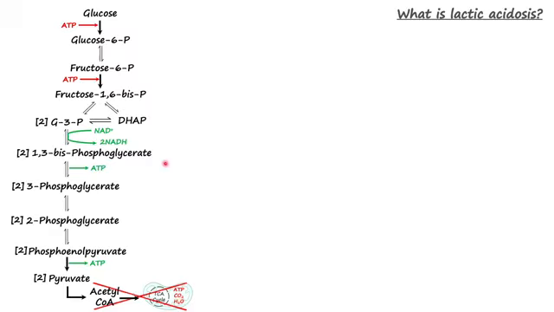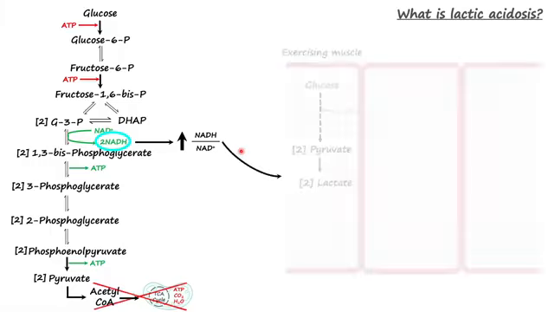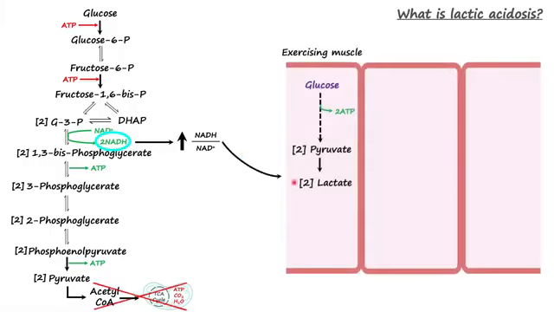As a result, the ratio of NADH to NAD plus increases, and when the ratio of NADH to NAD plus increases, the increase in the ratio favors the reduction of pyruvate into lactate. And remember that the only purpose of reduction of pyruvate to lactate is to reobtain NAD plus by oxidizing NADH into NAD plus, in order for glycolysis to continue.